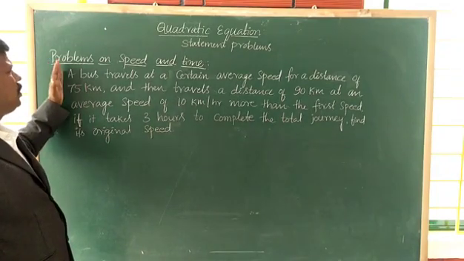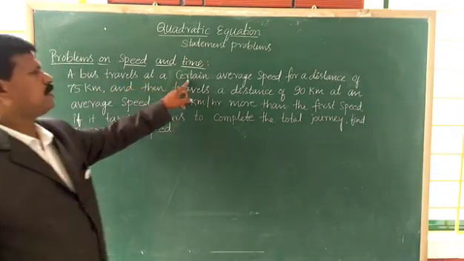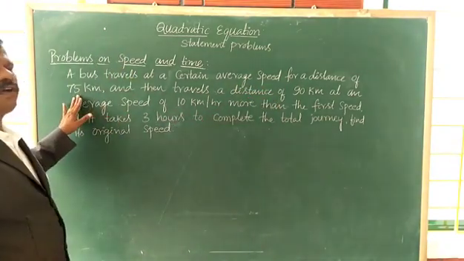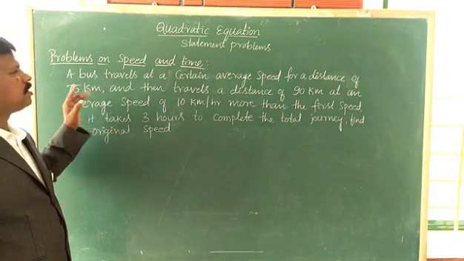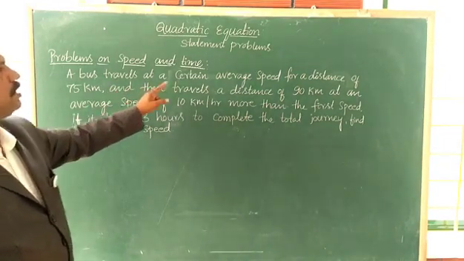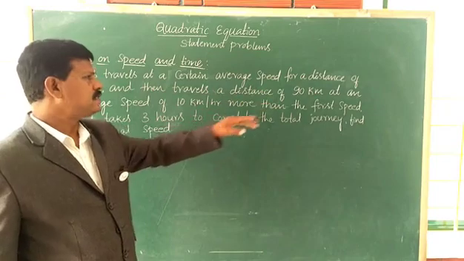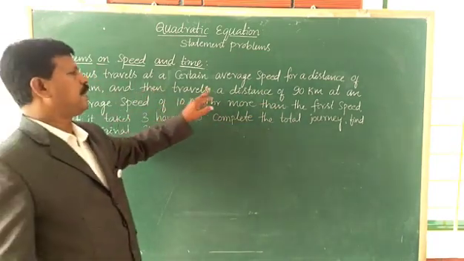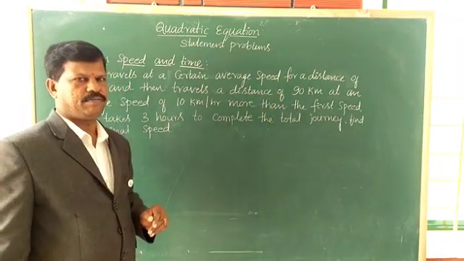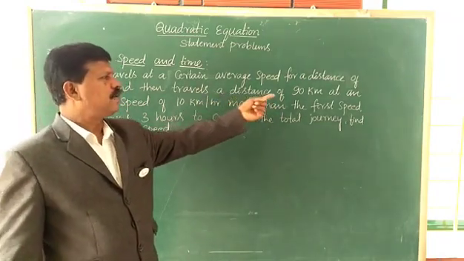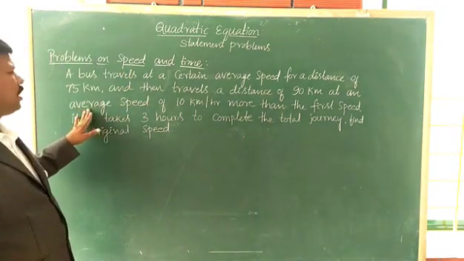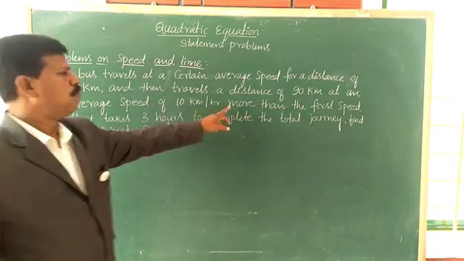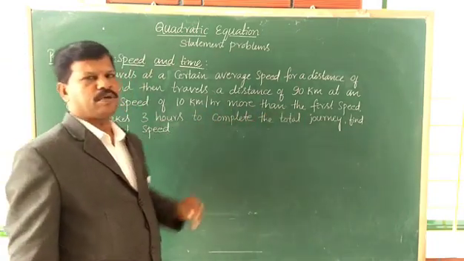Look at that. A bus travels at a certain average speed for a distance of 75 km and then travels a distance of 90 km at an average speed of 10 km per hour more than the first speed.